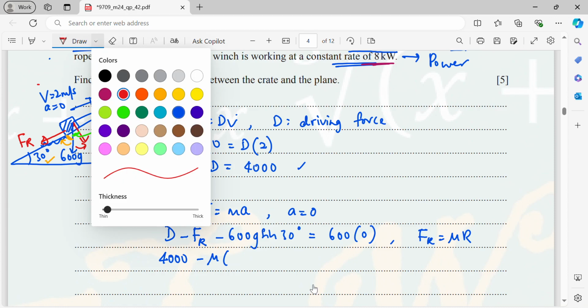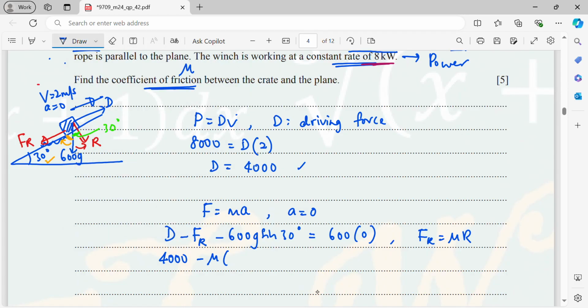So from here, I will be getting 600g. Since I'm using the angle of 30 degrees, that is cos 30 degrees, and then minus 600g sine 30 degrees. Right side will be 0.